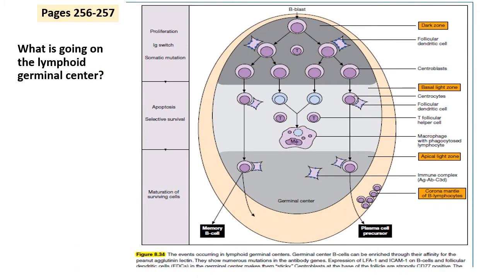Now let us discuss what is going on in the lymphoid germinal center. In order to understand clonal selection, clonal expansion, diversification and affinity maturation of B cells, all these processes occur in germinal centers to generate high affinity antibodies.